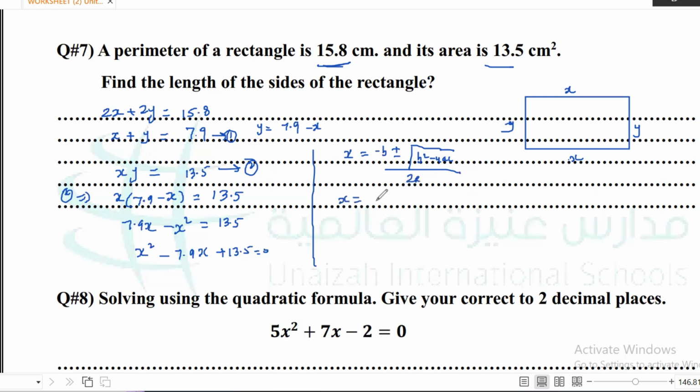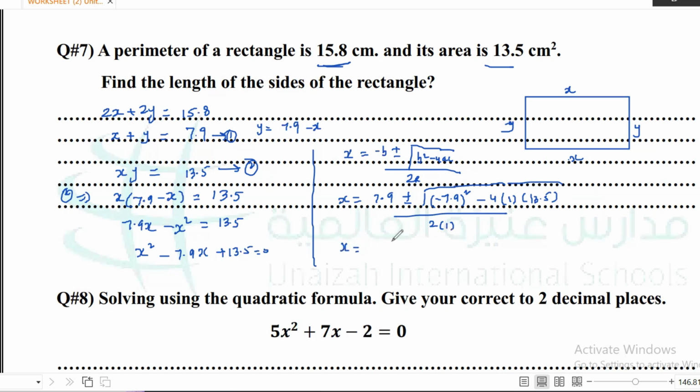which means x equals, b is here negative 7.9, so we say 7.9 plus minus square root of negative 7.9 whole squared minus 4 times a times c. A is 1 and c is 13.5, over 2a. A is 1, of course.